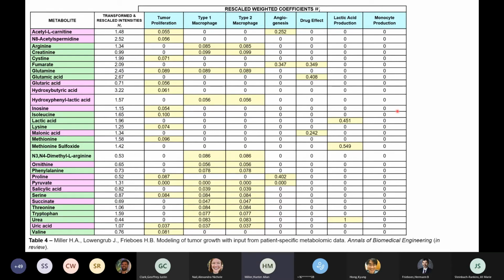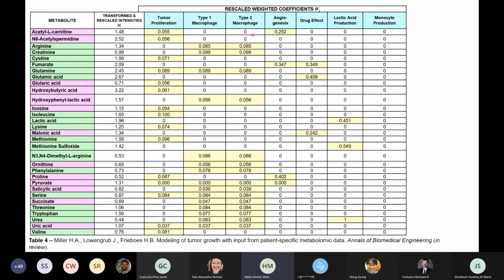So we searched the literature to find connections between specific metabolites and model parameters based on cancer biology. And in this table, the first column of values represents the transformed and rescaled metabolite intensity values for a particular sample. And the values in the parameter columns represent the coefficients which we multiply with the intensity values.